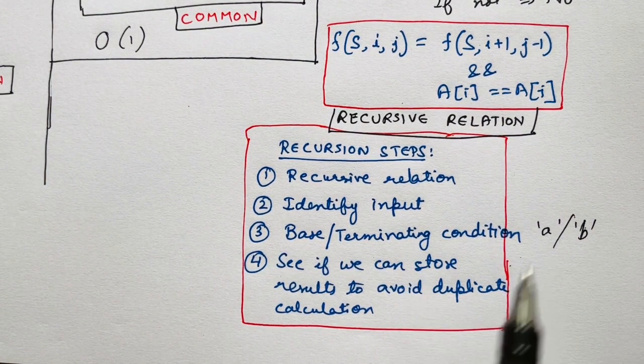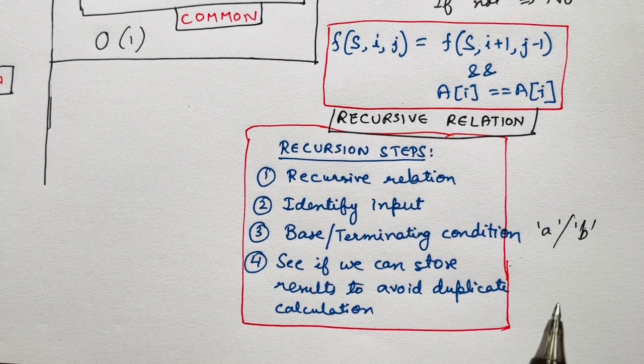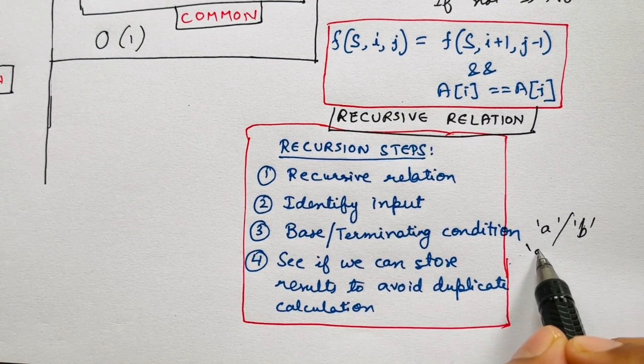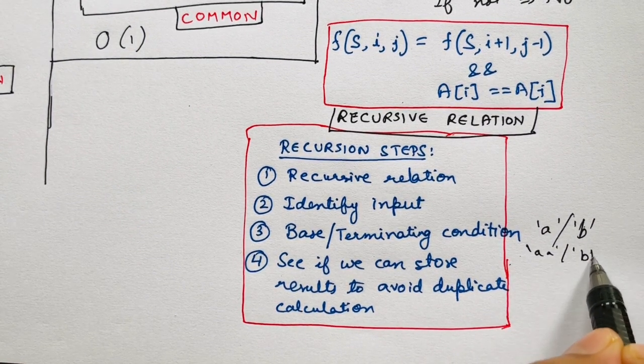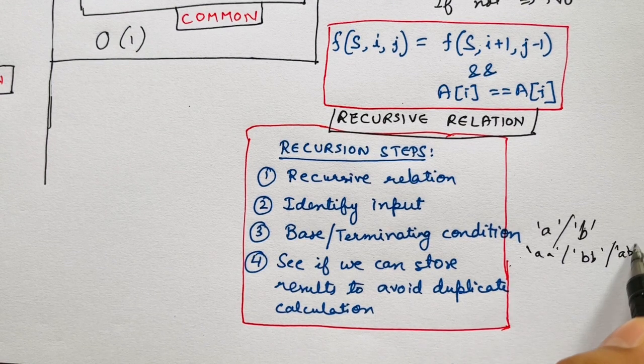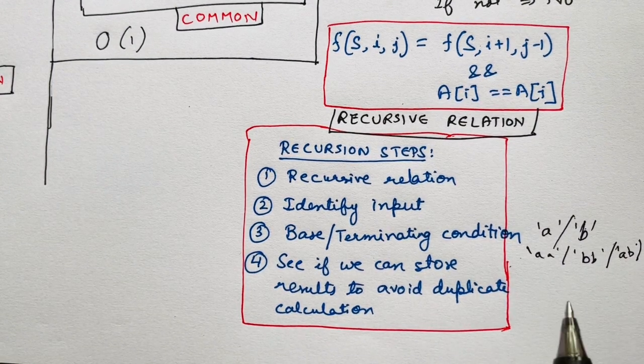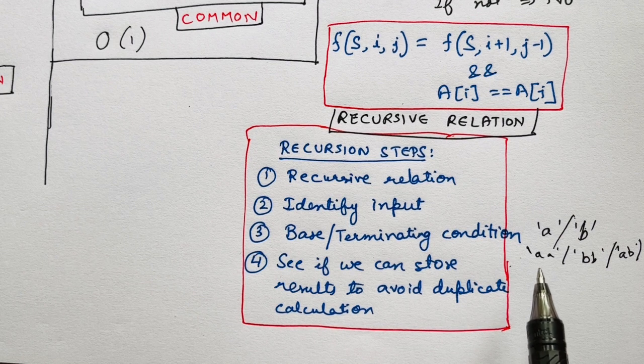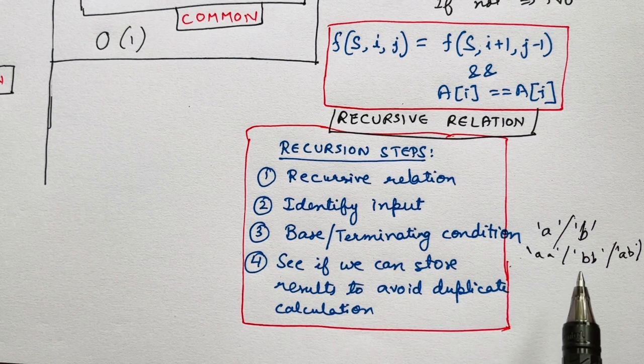So we'll have to write this base or terminating condition that all one size strings are palindromes. Similarly, even for size 2 strings, we can say that AA and BB are palindromes while AB is not. So for size 2, we'll just check that if both the characters are same, then that is a palindrome.